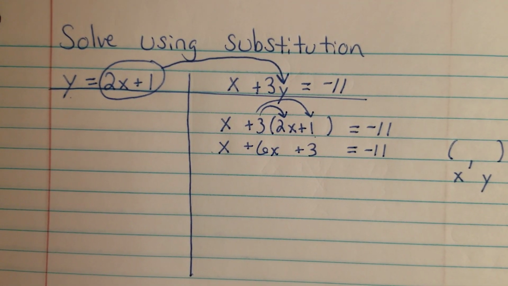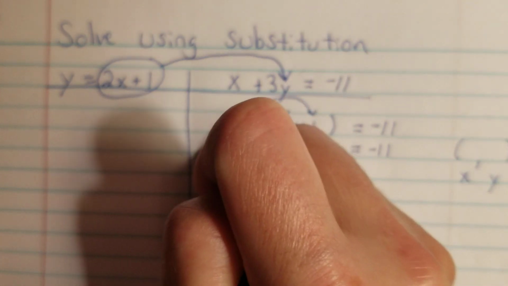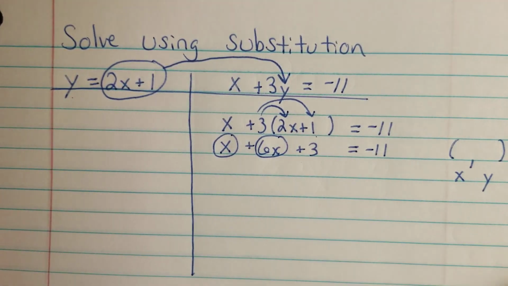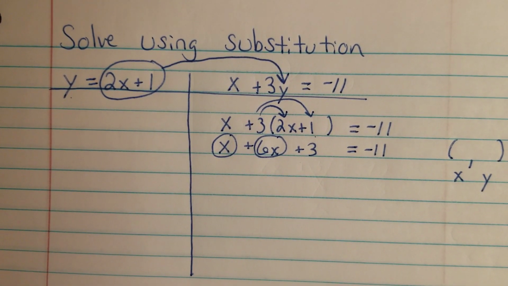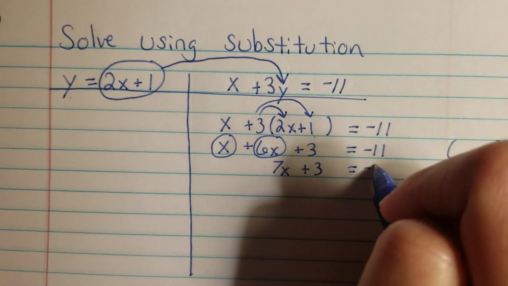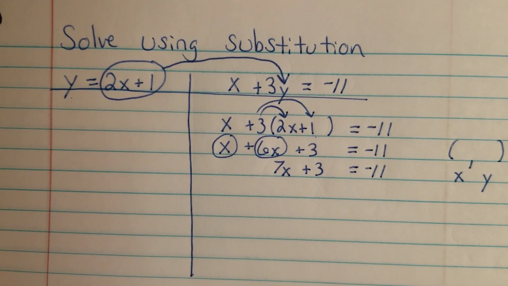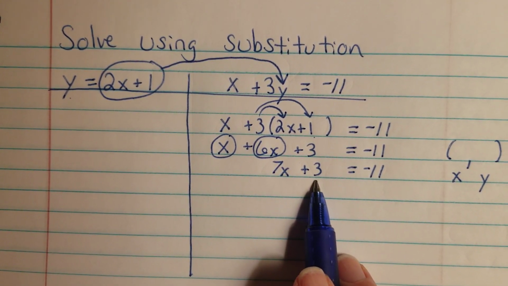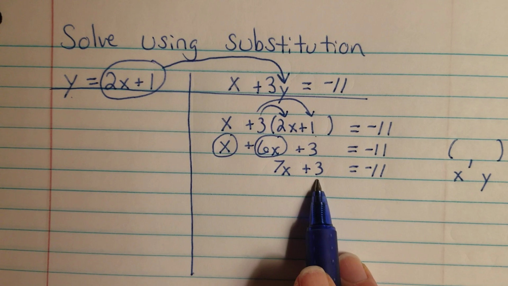Your next step is to combine like terms. x plus 6x gives you 7x, plus 3 equals negative 11. Your next step is to undo what's being added or subtracted to x.